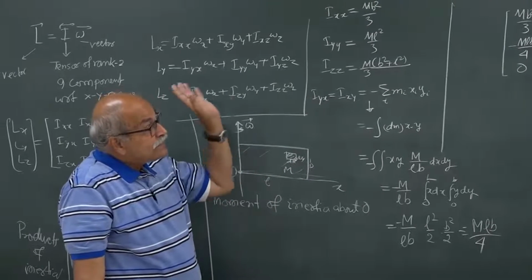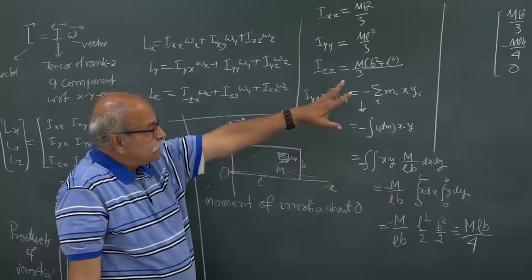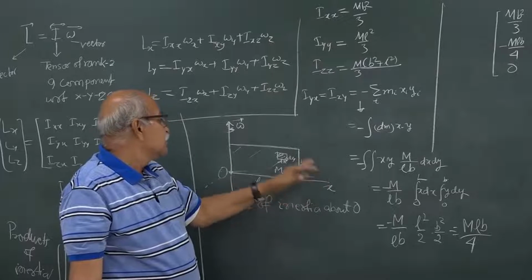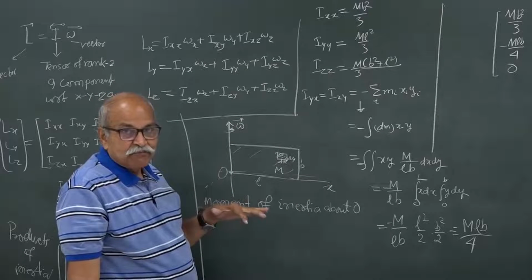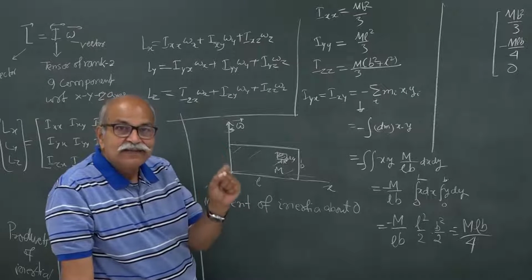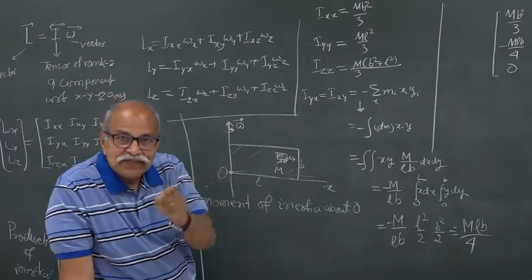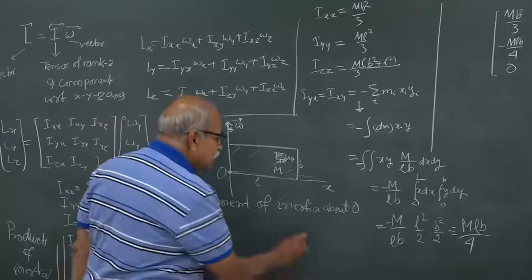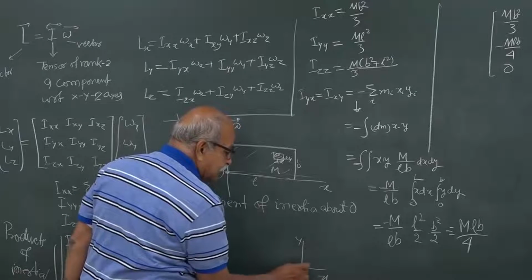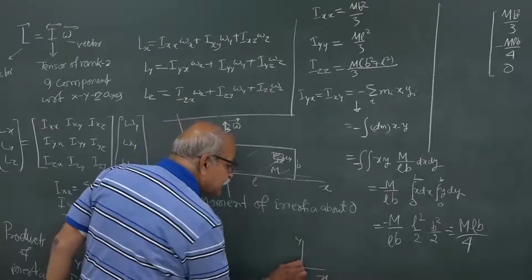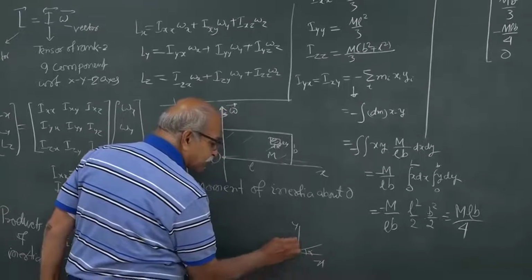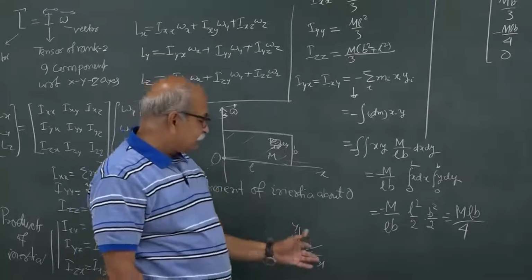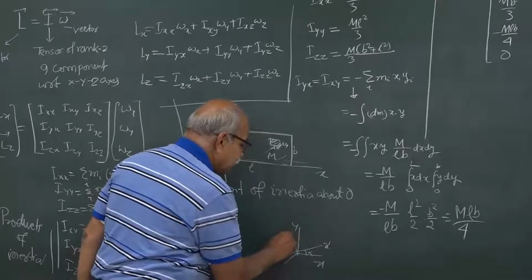These are the components of the moment of inertia with respect to these directions x, y, and z. But remember, a vector has 3 components, but components can change if you rotate the axis. If you are using some x, y, z axes and then you rotate the whole axis system by some angle alpha about z or about any line, and say this is x prime, this is y prime.